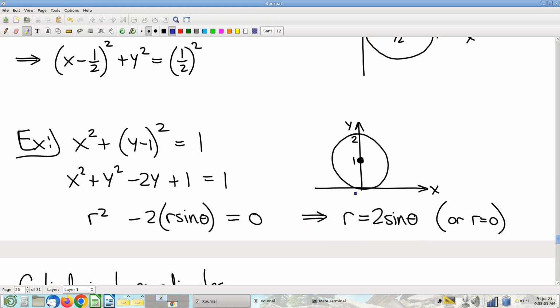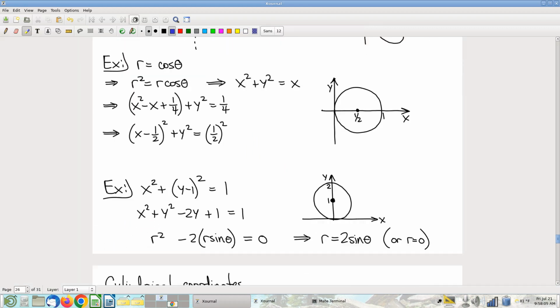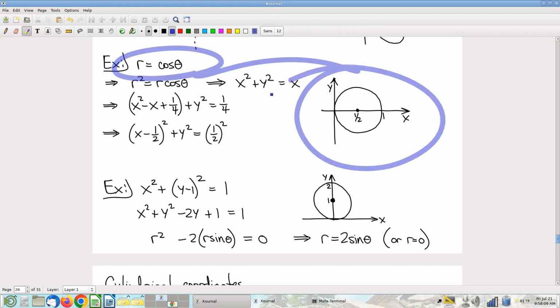These last two examples, by the way, are particularly important and come up regularly. r equals cosine theta gives you a circle centered on the x-axis. r equals sine theta gives you a circle centered on the y-axis.